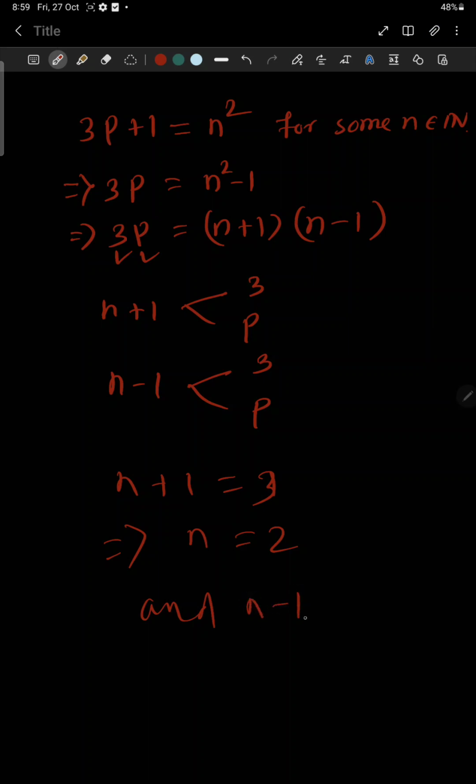Then n minus 1 will be equal to 2 minus 1, which is equal to 1. So n minus 1 equal to 1 cannot be equal to 3 or equal to p, because 3 is greater than 1 and p is a prime number, which is also greater than 1. So we cannot take n plus 1 equal to 3.